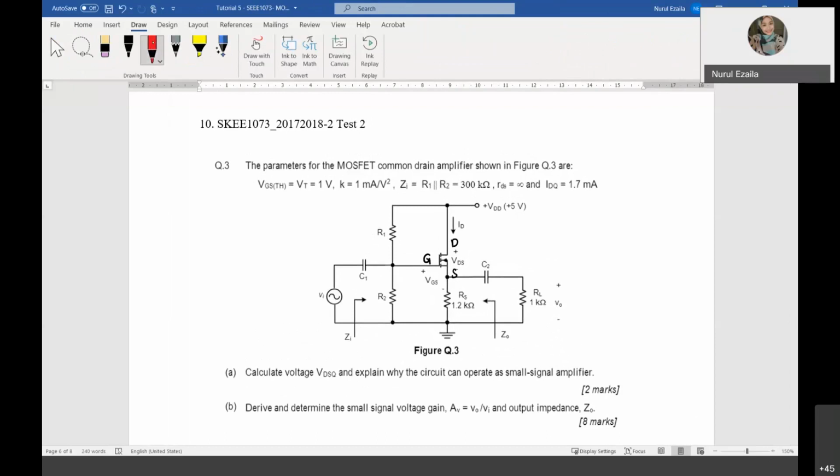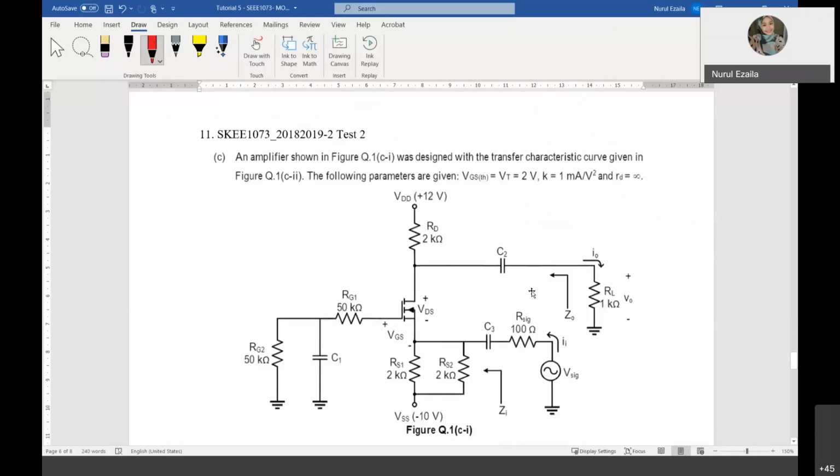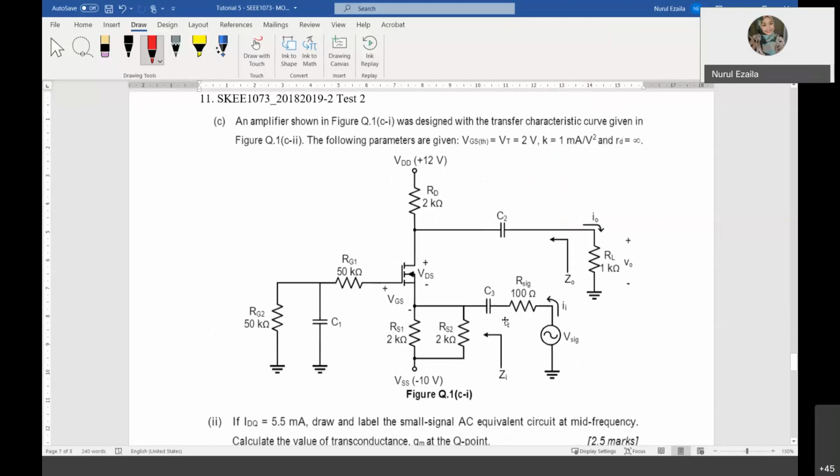Or else you can look at it like this: the input is at the gate, and the output is at the source. Therefore what's left is drain, so this is common drain. Let's take a look at this circuit, which is very upside down.